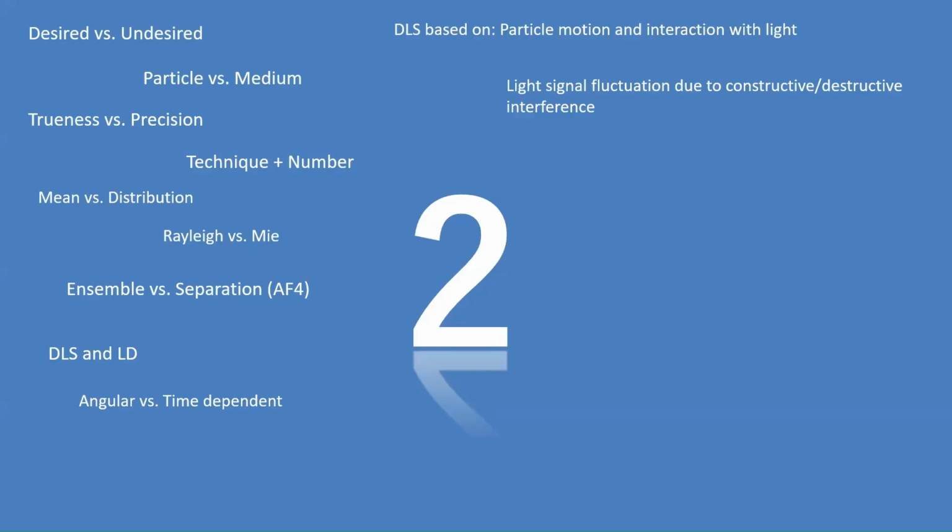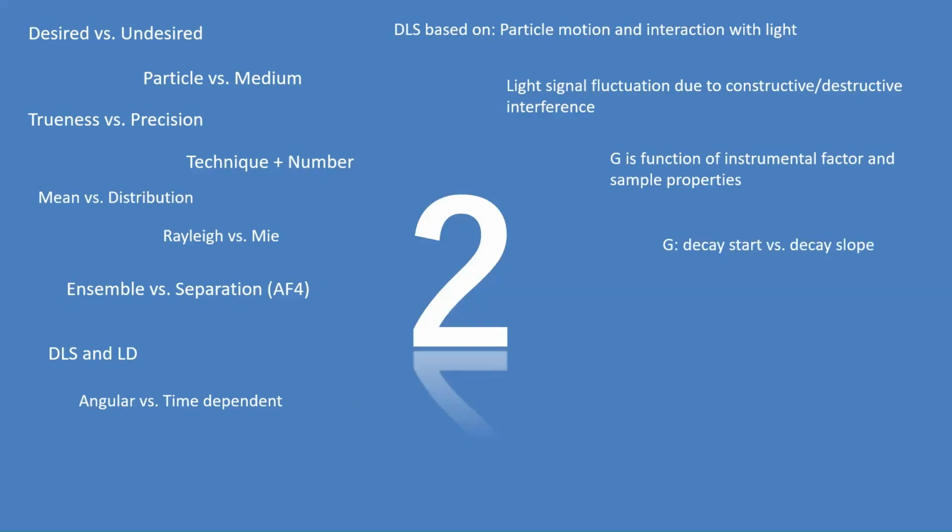The light fluctuation can be constructive in nature, resulting in an increase in the light signal, or destructive, where they cancel out, resulting in a decrease in the light signal. So the light is going up and down, resulting in fluctuation. But that fluctuation is what allows us to obtain a correlation function G to calculate the diffusion and so on. But the G value itself depends on the instrument as well as sample properties.